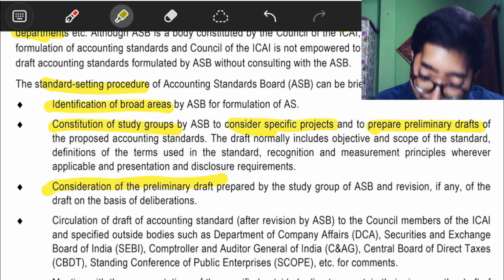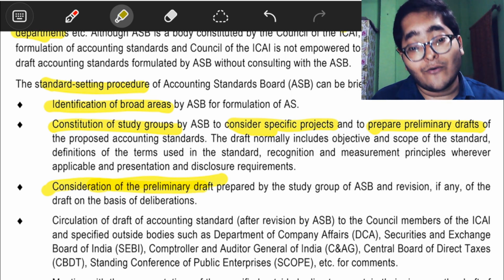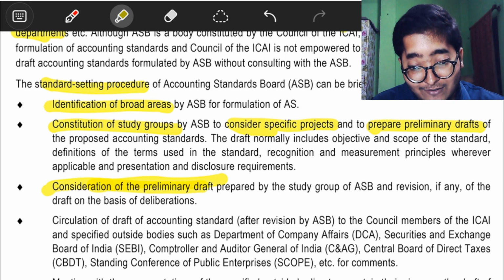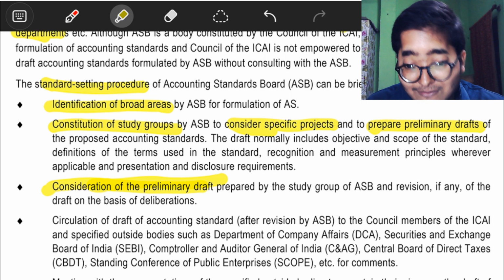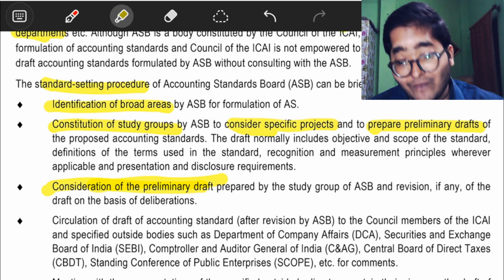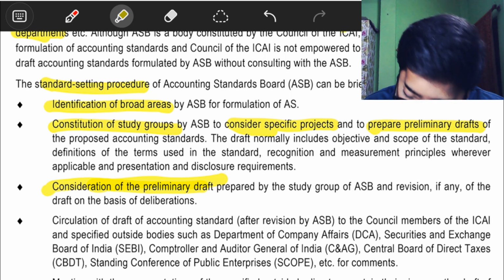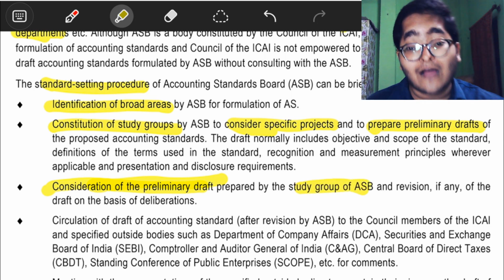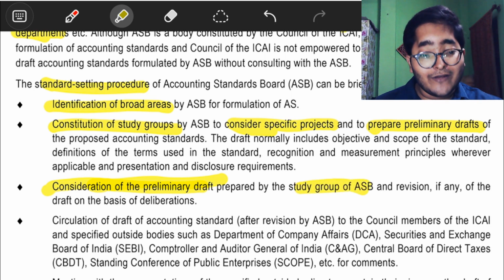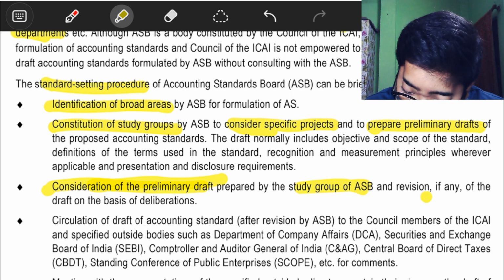The preliminary draft prepared by the study group of ASB is considered by the ICAI, and revision if any is made.